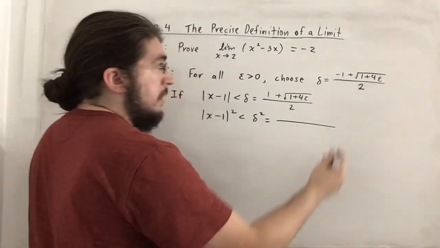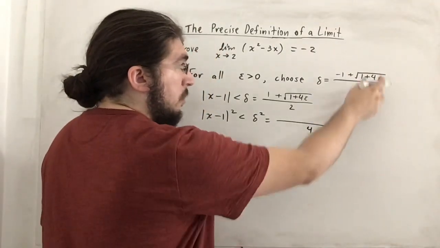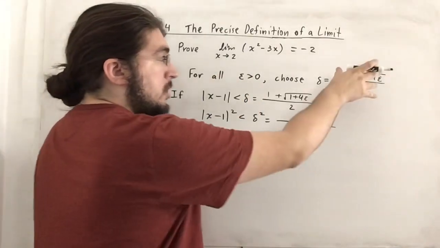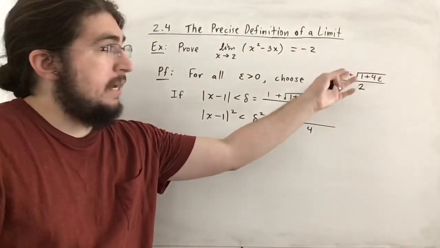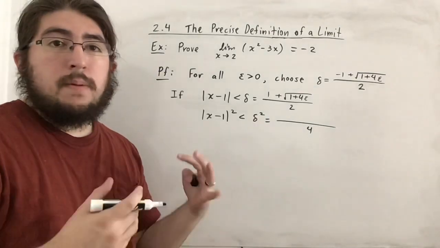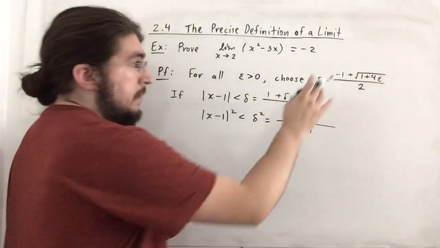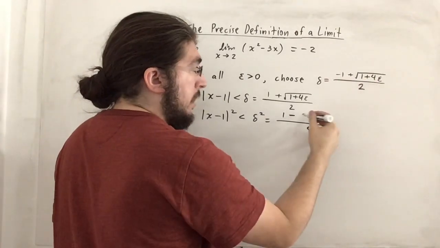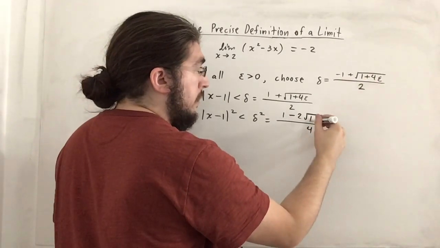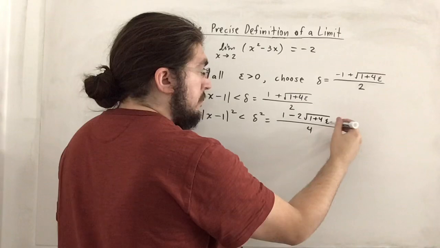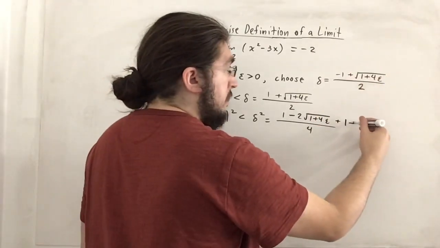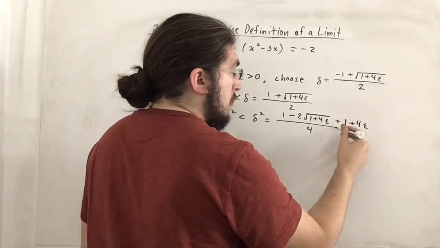Now delta squared is going to be this fraction squared, so the top squared over the bottom squared, so the bottom is going to be 4 for sure. Now when you square this binomial, -1 plus that radical, remember how we've expanded those before, that's going to be the first one squared, which is 1, plus 2 times their product, which is going to be 2 times that radical part, plus the last one squared, which will break the radical. Great.